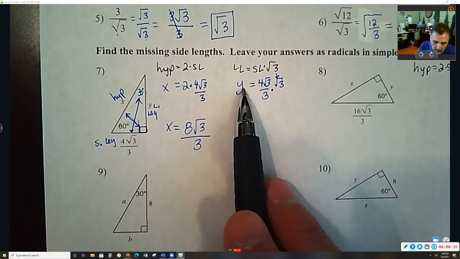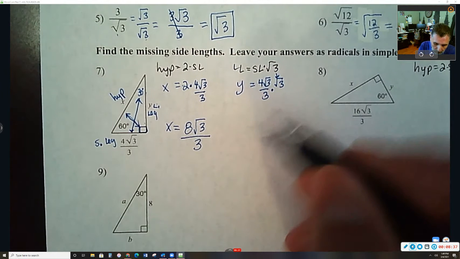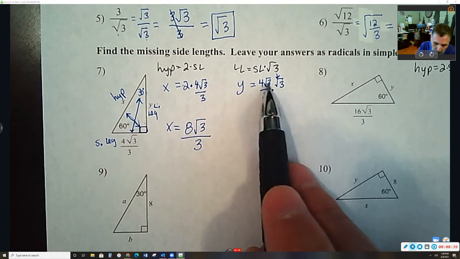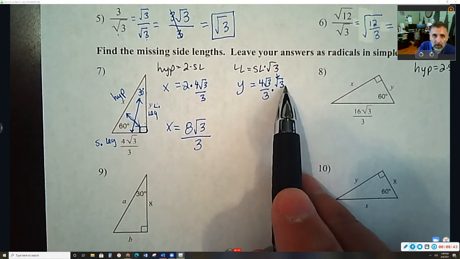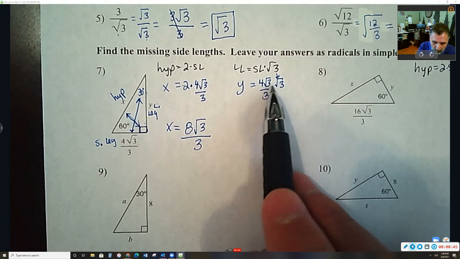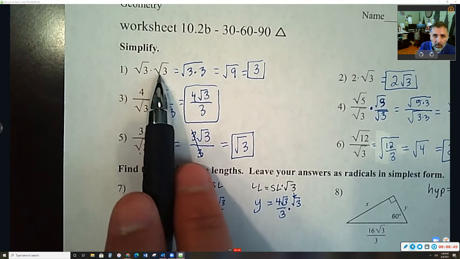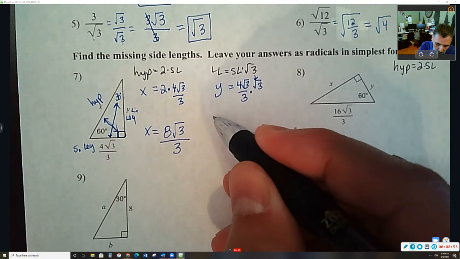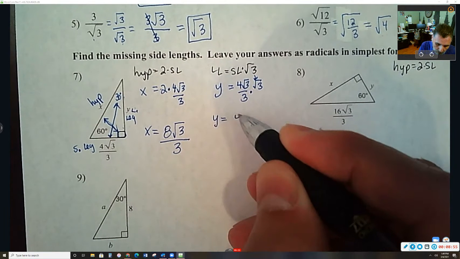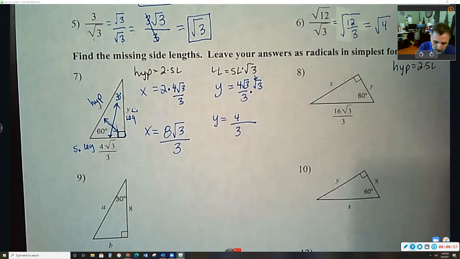And then for the y, again, you're going to multiply these two, square root of 3 times the square root of 3. And actually, we know what that is. It's up here for number 1. Square root of 3 times the square root of 3 is 3. So watch, I'm going to have to simplify this a couple of times. I have the 4/3.